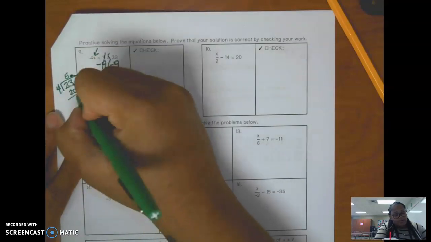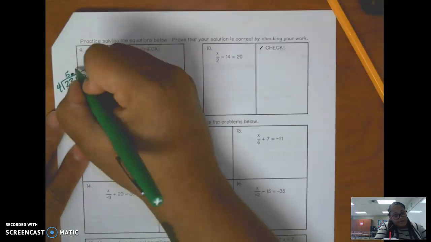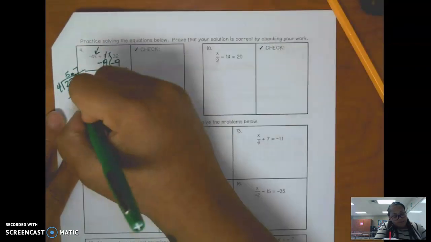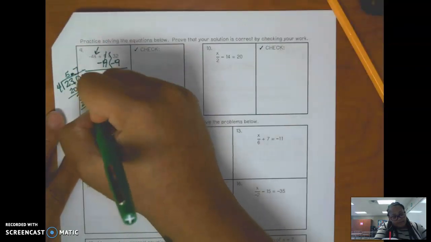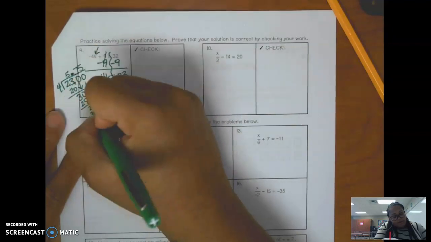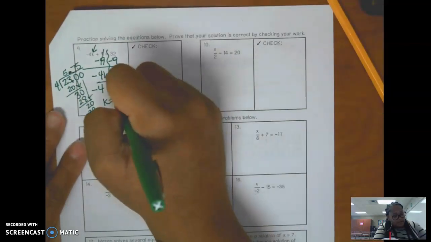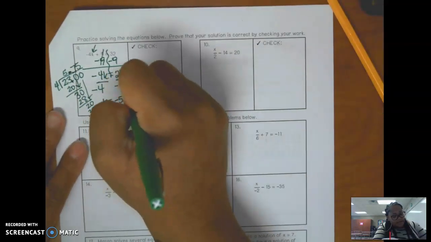Paper keeps moving. 3, bring down the 0. 4 goes into 30 7 times. 7 times 4 is 28. 2, bring down the 0. 4 goes into 20 5 times and nothing left over. So my answer is -5.75.